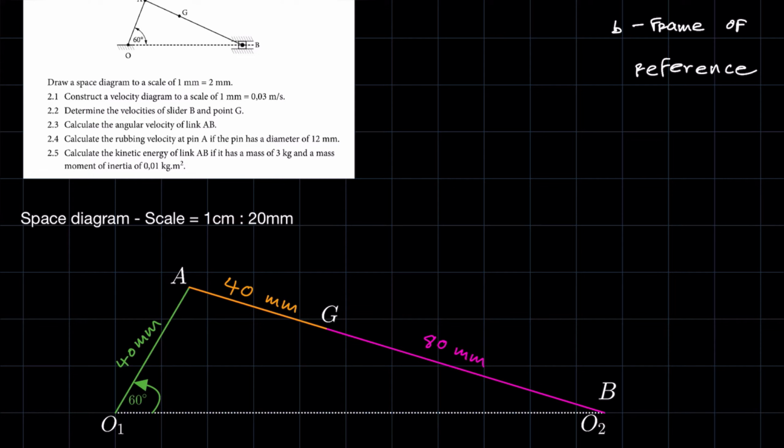As you know by now, before getting to the velocity diagram, you need to have drawn your space diagram. I did that in the second lesson, and this was our space diagram for this problem.